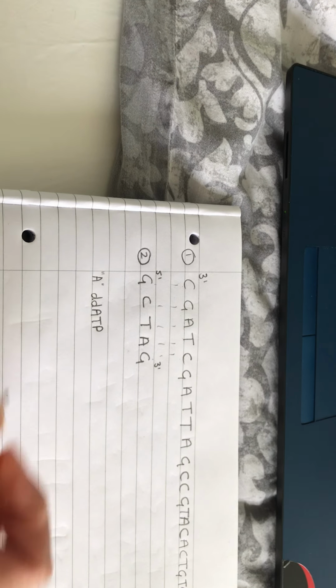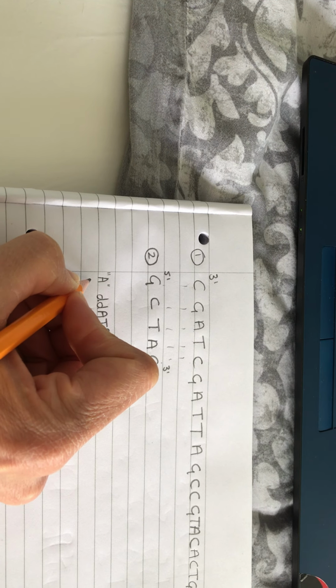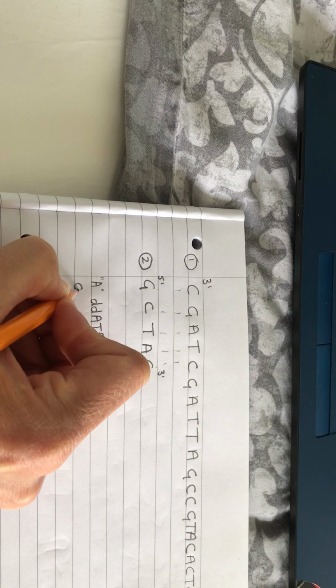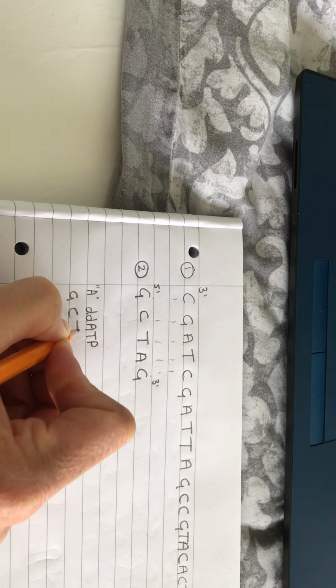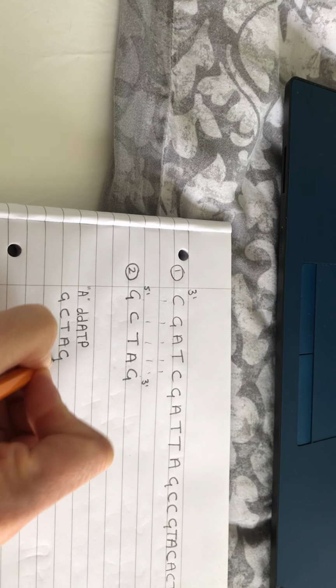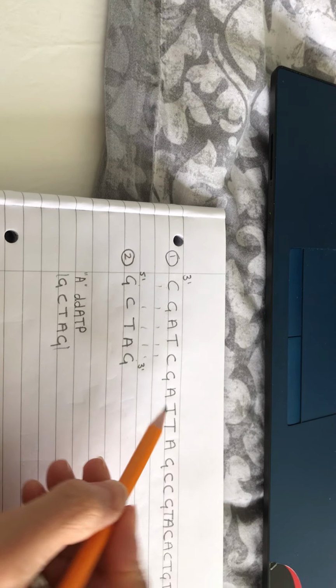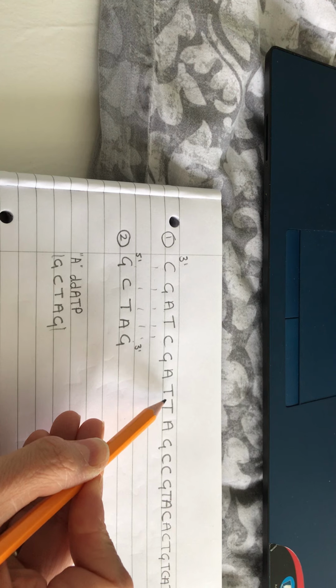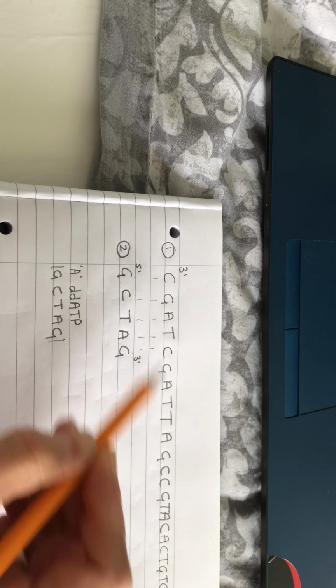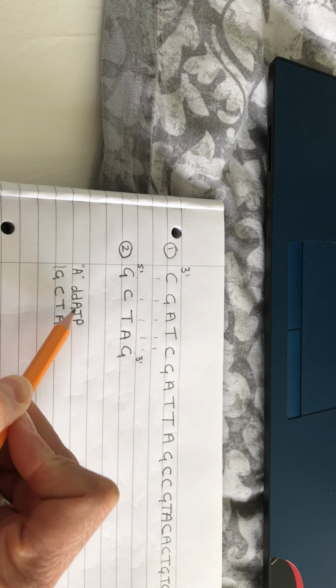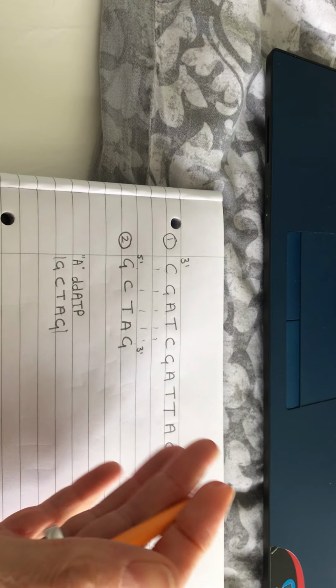The first thing I'm going to do is write down my primer sequence, G, C, T, A, G. There's my primer. I'm going to put that in a line. From here we're going to put down the complementary strands, and any time this A gets put in, we stop it at that spot.